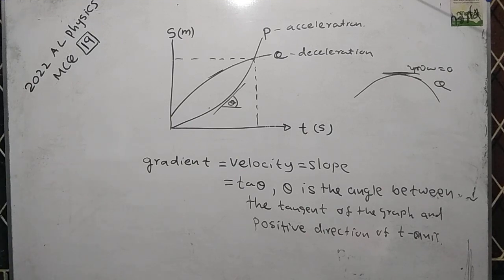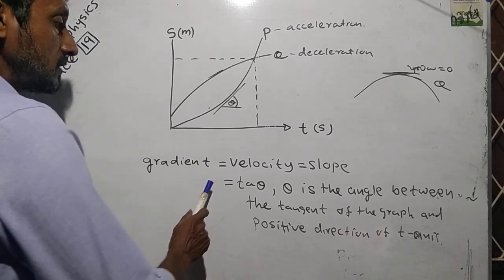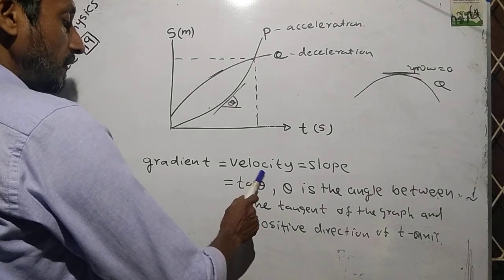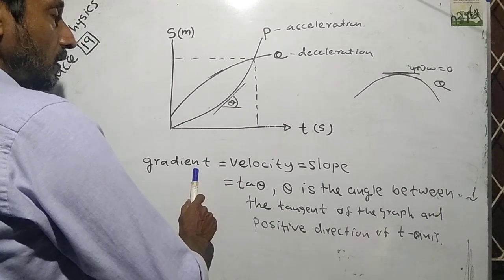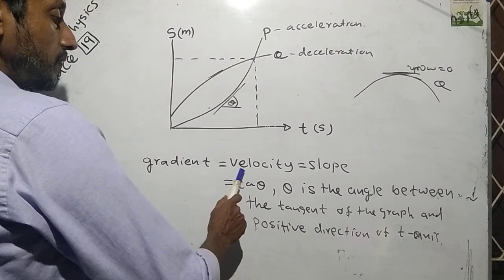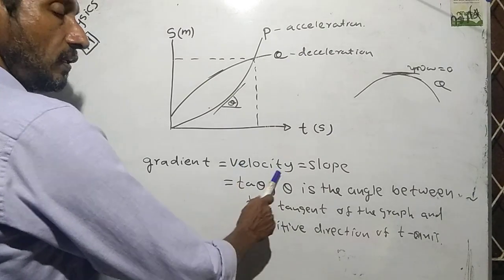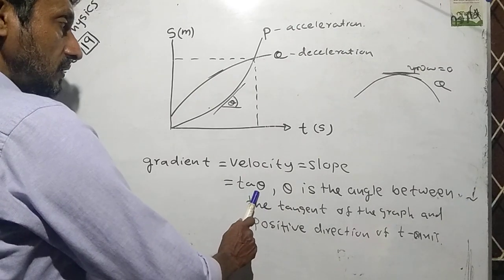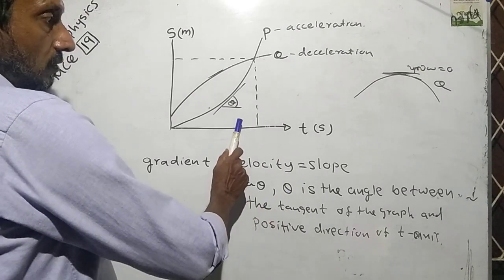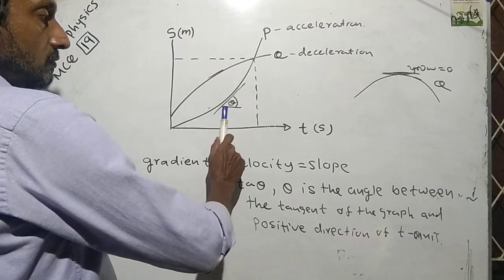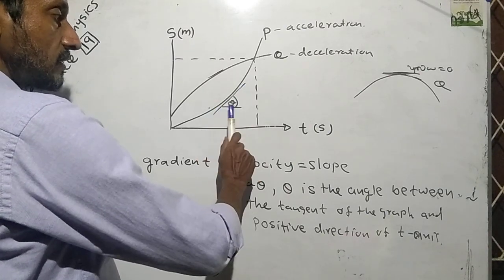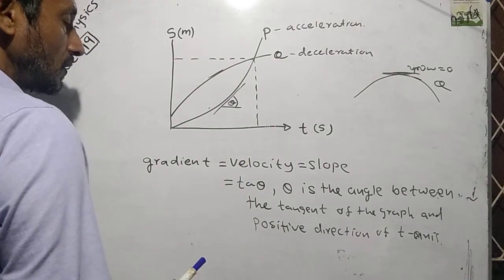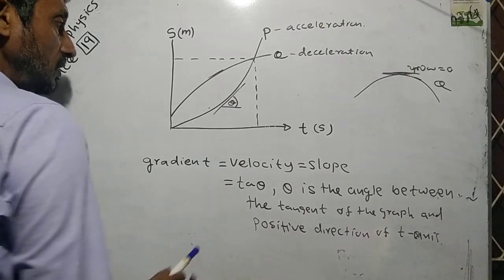That means the gradient of the ST graph is equal to velocity. We can explain gradient as displacement difference divided by time. Therefore, it is equal to velocity. Slope, or tan theta, where theta means the angle between the tangent drawn to the graph and the positive direction of the t-axis.